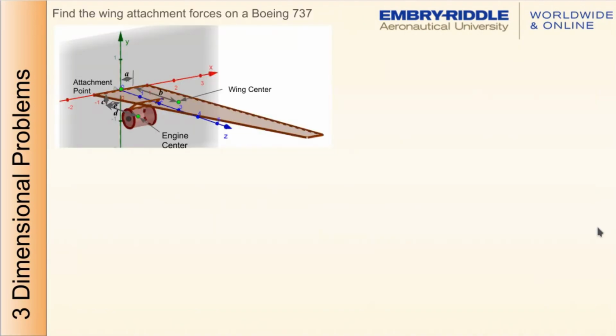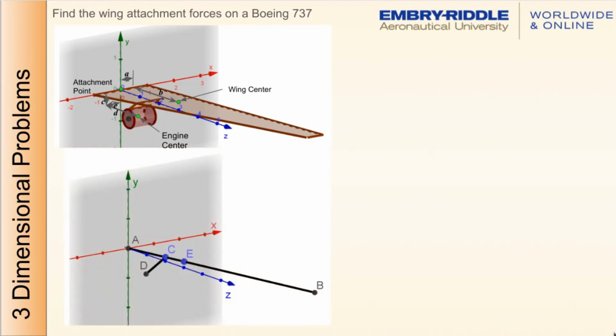So do we need to draw this in 3D? Well, we could draw it in 3D, but we don't need to draw the wing. We can just draw a line. Say that's the wing. We have our points identified. I put B at the end of the wing. E is the wing center. D is the engine center, and so on.